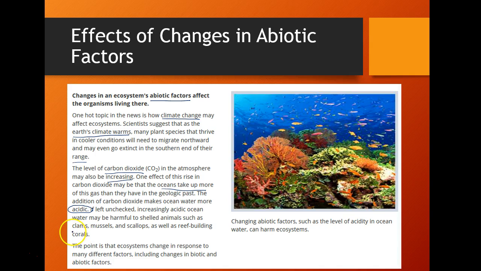And since the ocean is a habitat for so many different species, it can end up being really harmful to specific animals like clams, mussels, and scallops, or any other organisms that live in the ocean. So the point is that ecosystems change in response to many factors. It could be changes with biotic or abiotic factors.